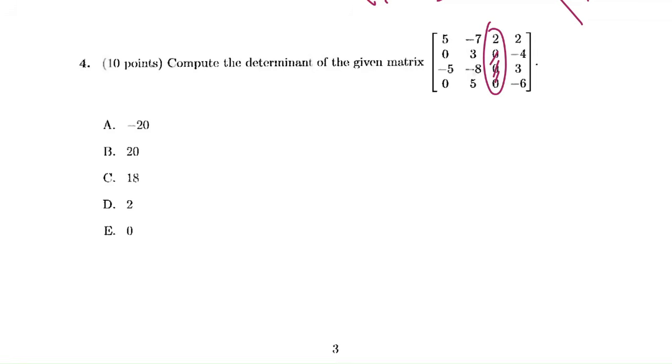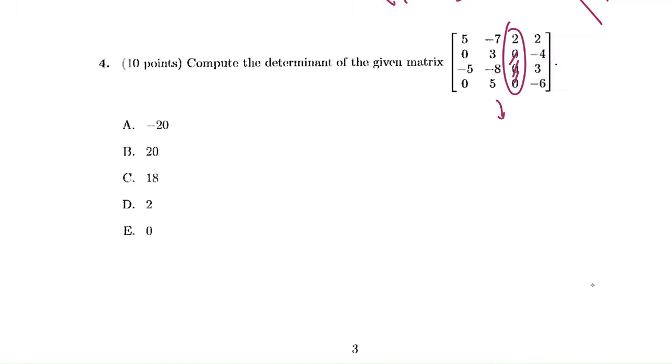In this case, I like to think of this, I guess this is how I learned it, as a checkerboard, where these signs determine whether you add or subtract an element. For example, because we're starting here with 2, that's a positive, so I just do plus 2 times the determinant of whatever's left.